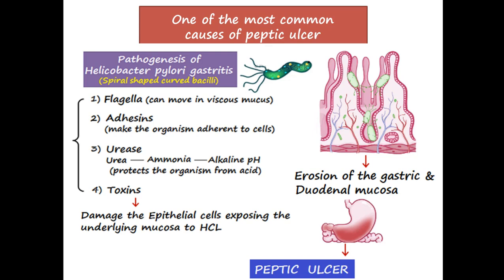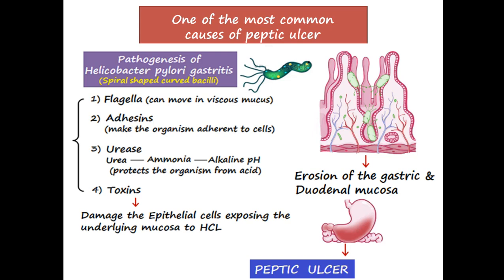If this damage is of mild form, it may appear as chronic gastritis, but if the damage becomes severe, it will cause erosion of the gastric and duodenal mucosa.